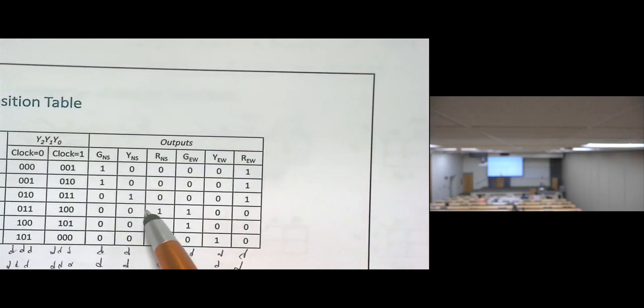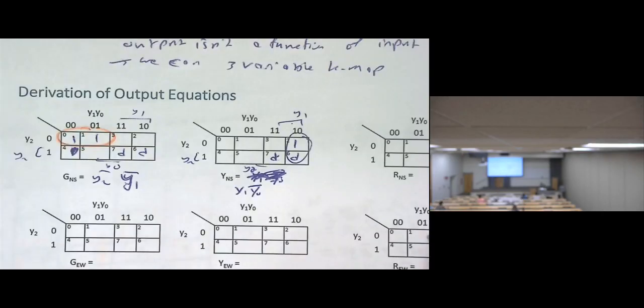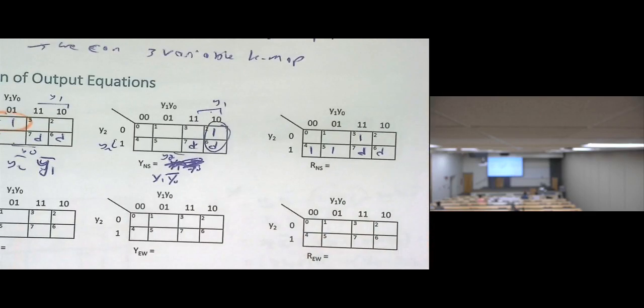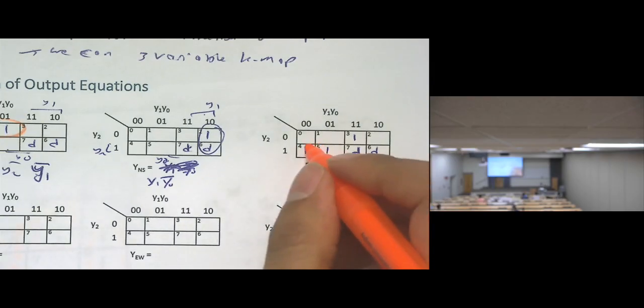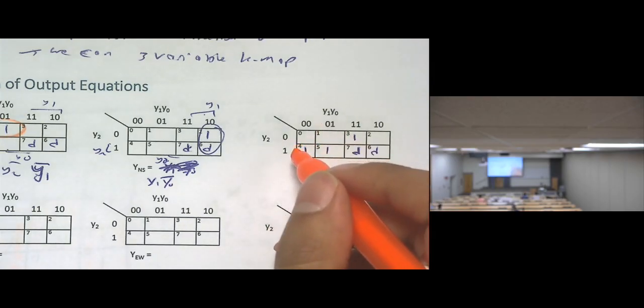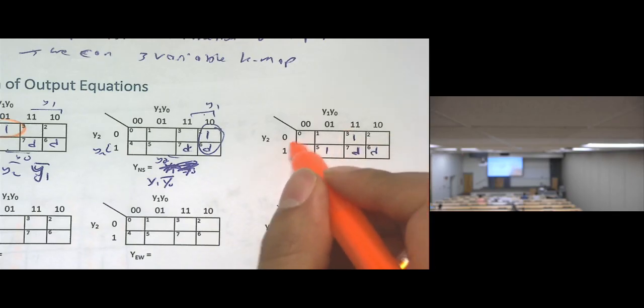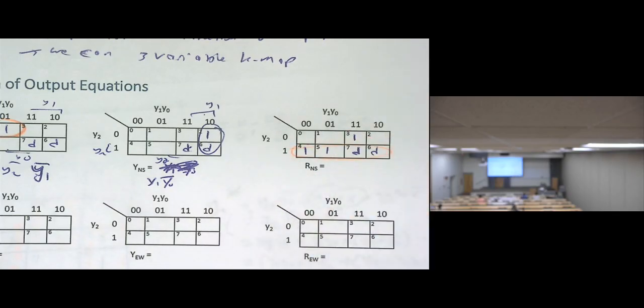Now, for the red north-south, it is at 3, 4, 5, and don't care at 6 and 7. So we can group these 4, and we have these 2.